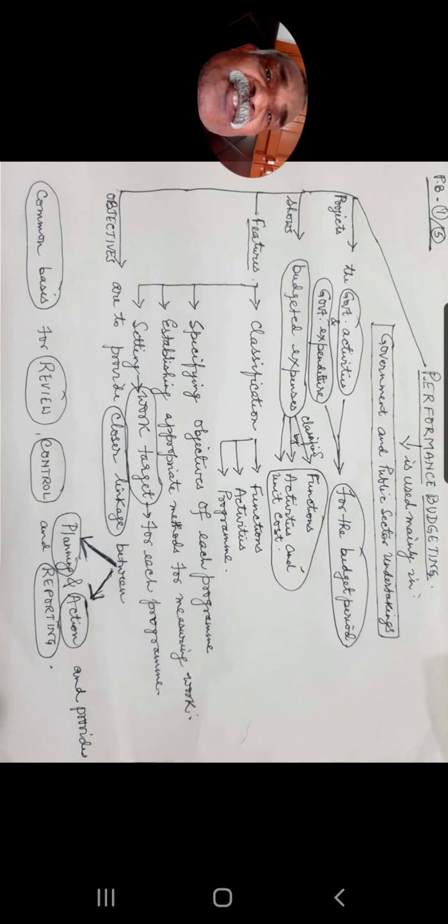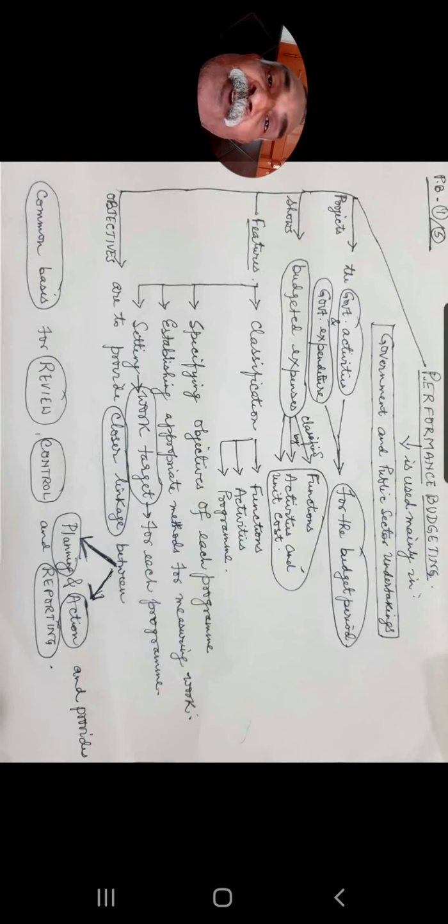There are so many constructions and activities involved in government programs, and at the same time the expenditure is also predetermined. That is, a budget is prepared for each and every activity, each and every program.